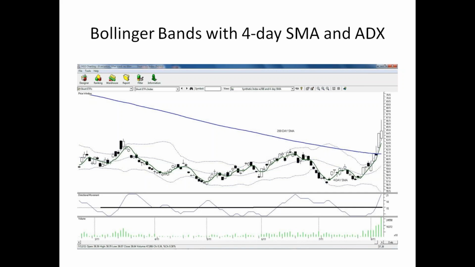It could break out to the downside or the upside. But when it comes, the lower the ADX and the longer the ADX is low, the sharper the breakout becomes. And it increases the likelihood of that new breakout being the direction of the new trend.